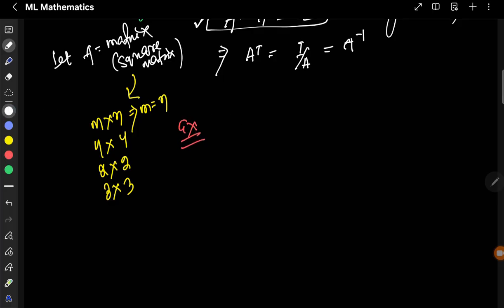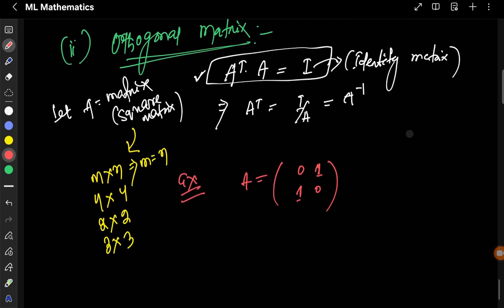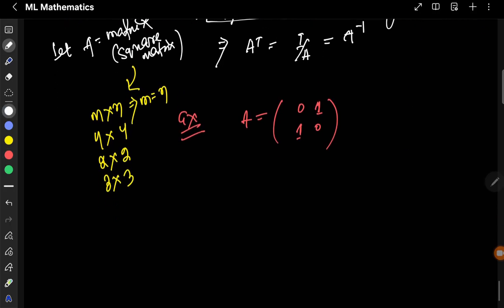Let's say A equals 0 1, 1 0. Now this is not an identity matrix, because the 1s are on a diagonal, but that is not my main diagonal. So what should A transpose be?